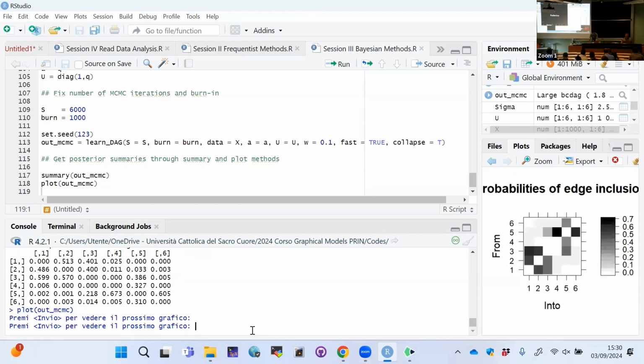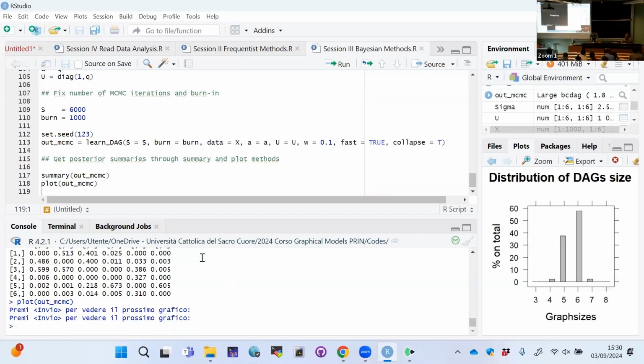The second one is just a graphical representation of the posterior probabilities of edge inclusion, which is provided in this heat map, where the UV component corresponds to the posterior probability of an edge from U to V. So it's just a graphical representation of the matrix here.